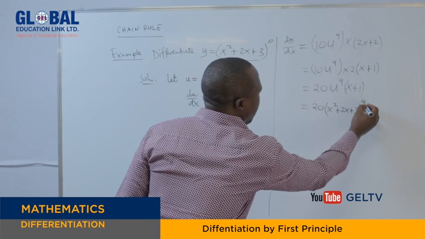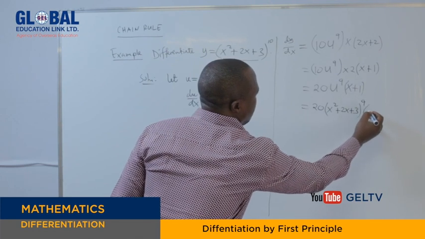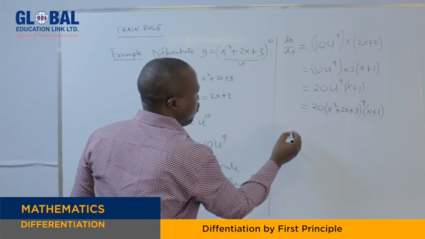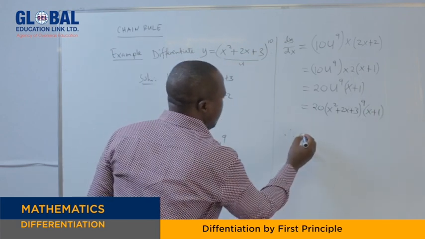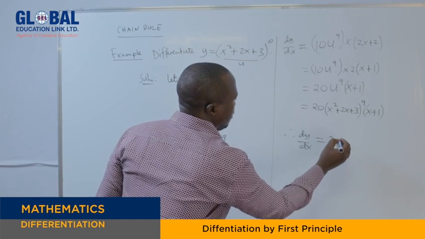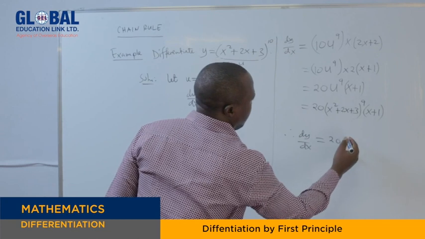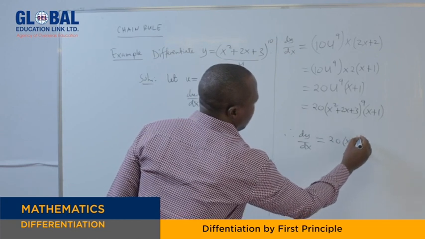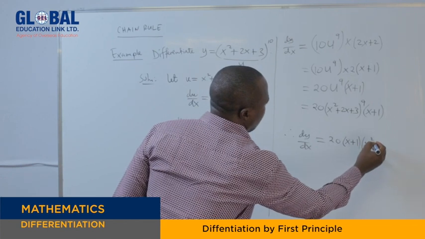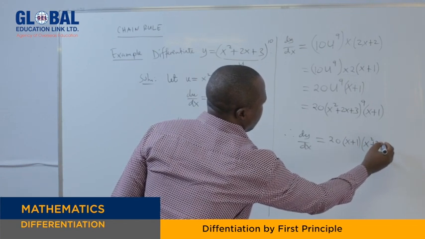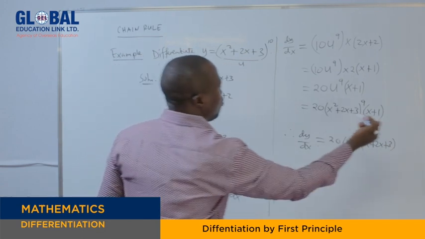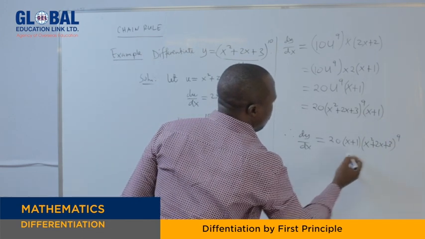Now again, we multiply by x plus 1. Therefore dy over dx is equal to 20. You can start with x plus 1, then followed by the quadratic function x squared plus 2x plus 3. But remember, the quadratic function is raised to 9.